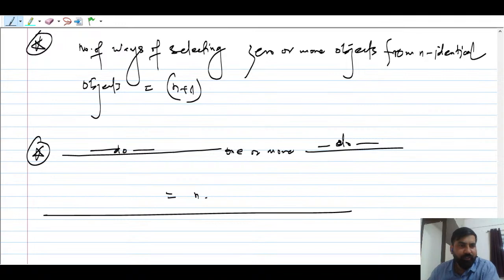So the number of ways of selecting, right? So n and n plus 1. I hope this makes sense to all. कितने लोगों को समझ आ गया? So we'll do many problems based on this, guys.